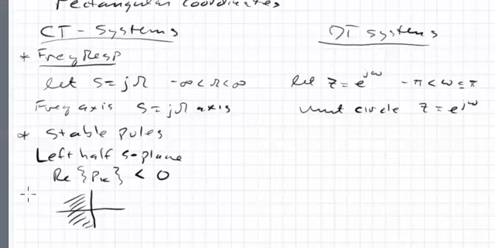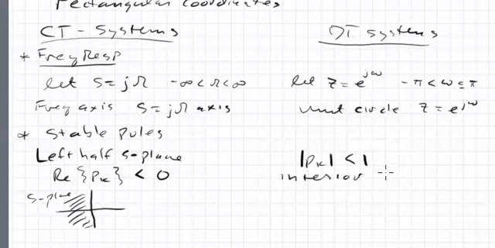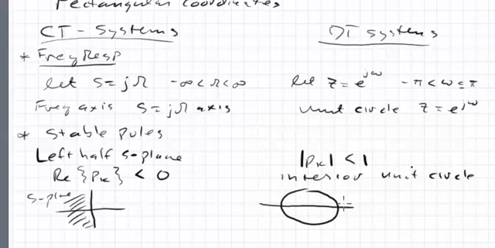So there's the S-plane. Over here, the poles, if they're stable, have to have magnitude less than 1, so they have to be inside the unit circle. So we've got a unit circle in the z-plane. Stable poles are inside the unit circle.